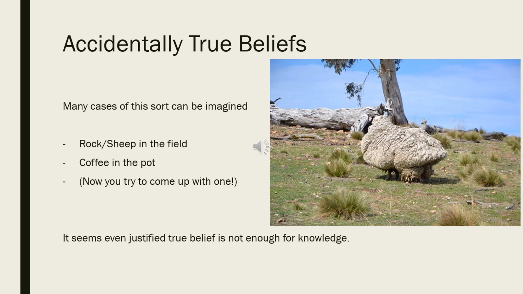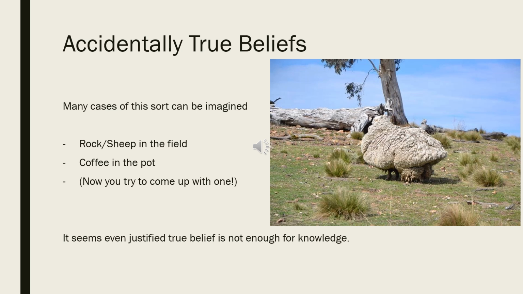Let's just take a couple. Imagine a situation where you look out into a big field and you see something that looks like a sheep, and you think, oh, look, there's a sheep in the field over there. And as it turns out, the thing that you're looking at is actually a very big rock that looks like a sheep.